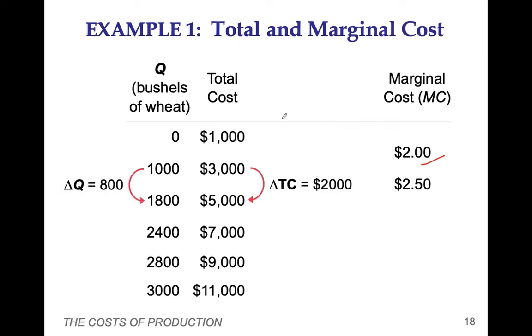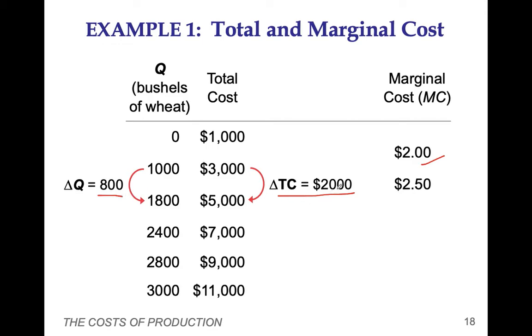Now, if production is increased by 800 bushels of wheat, the total cost passes from 3,000 to 5,000. So the change in total cost is $2,000. The number of bushels of wheat passes from 1,000 to 1,800, so the change in total output is 800.